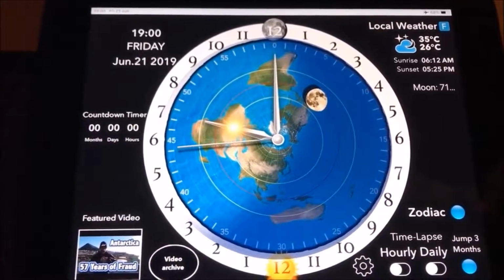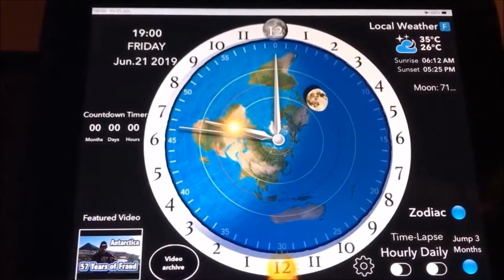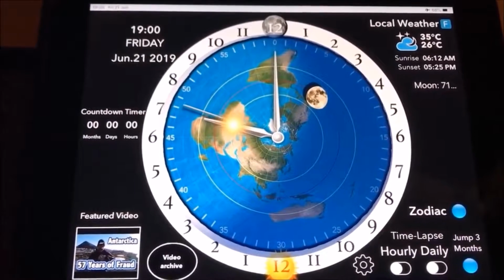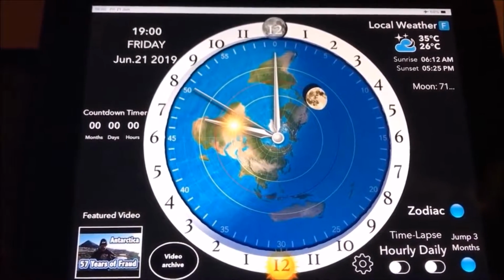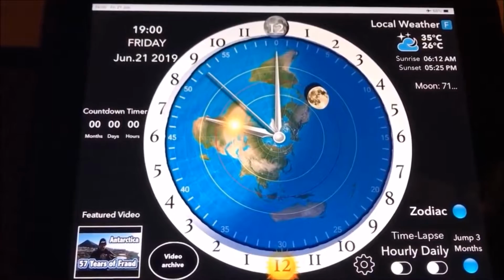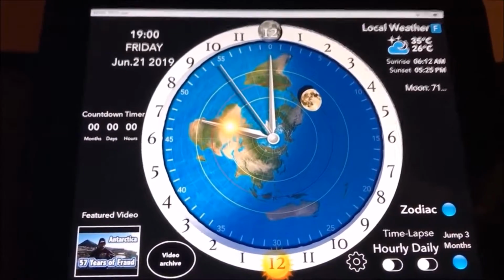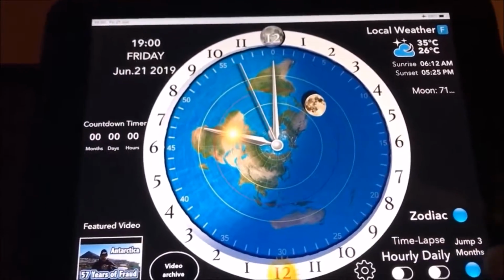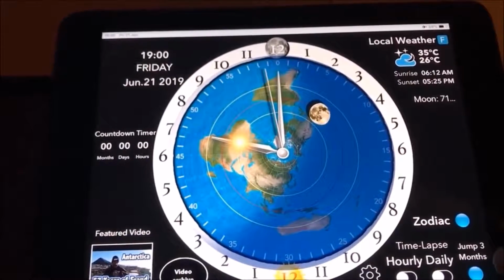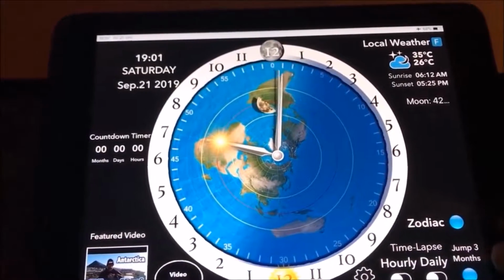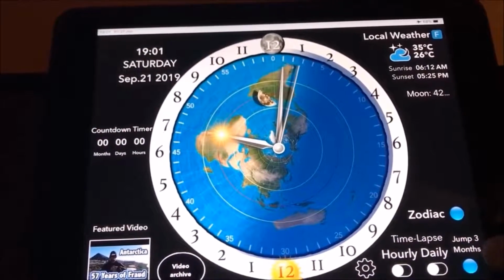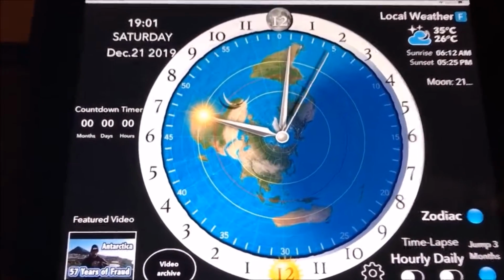If we jump 6 months ahead, the sun is going to be over the Tropic of Capricorn, which on this map is further away from Perth. So logically, Perth should remain in darkness. Let's see what happens. September and December 21st.